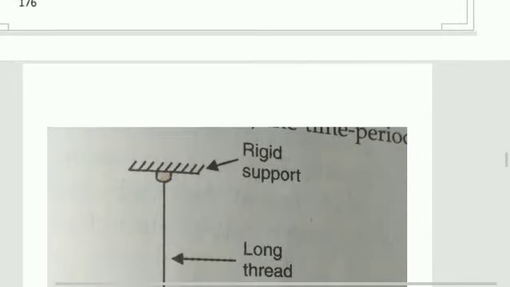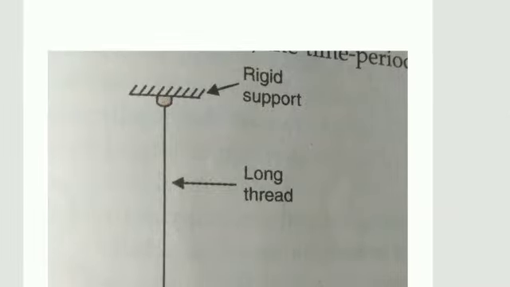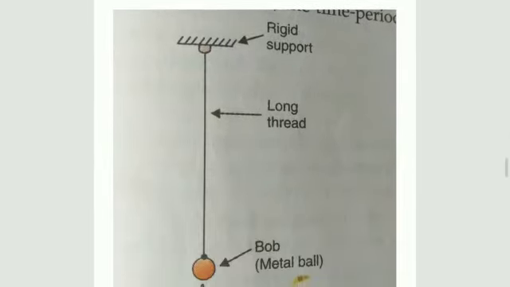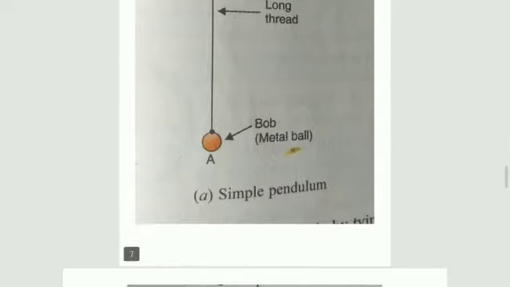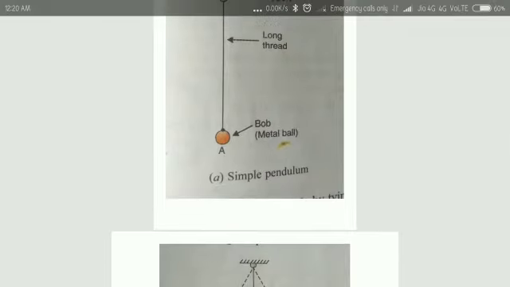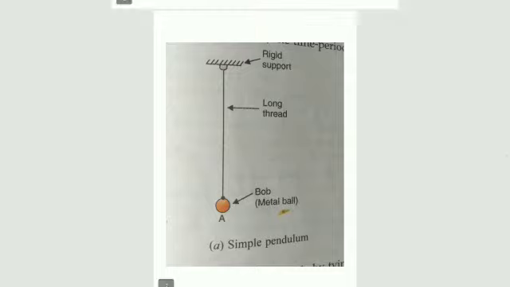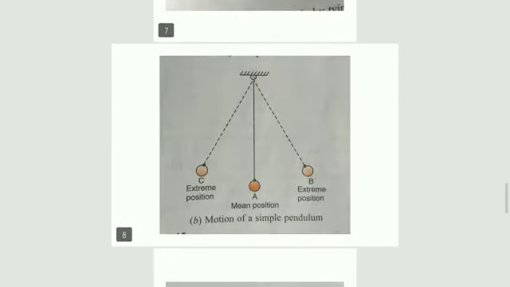Here is some picture. Rigid support, long thread, and bob, a metal ball. Simple pendulum. Look at the picture. And this is one oscillation.